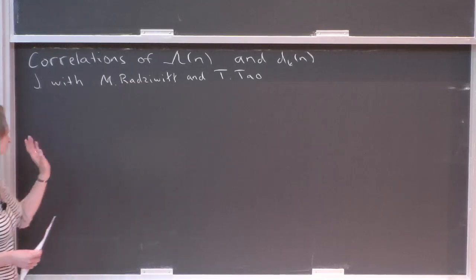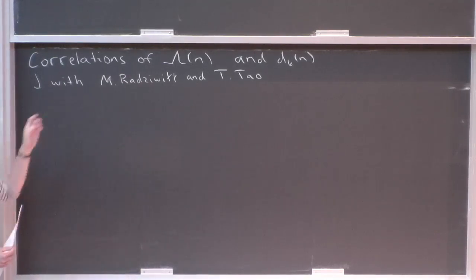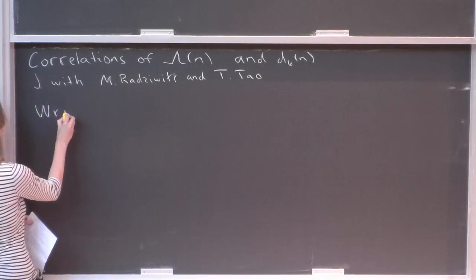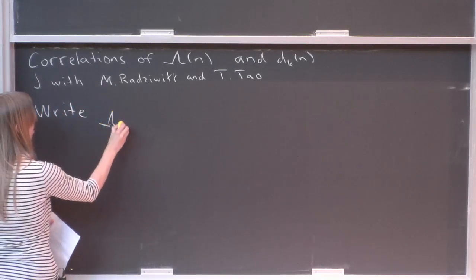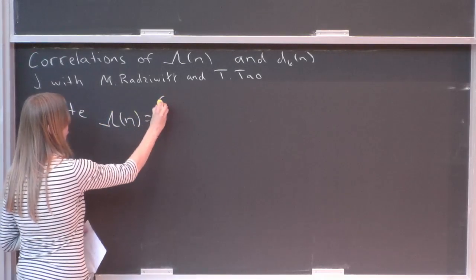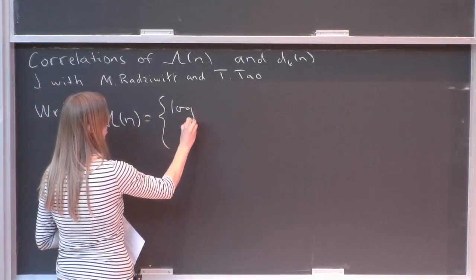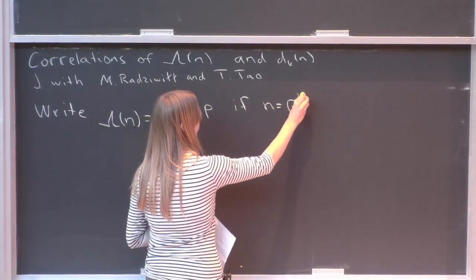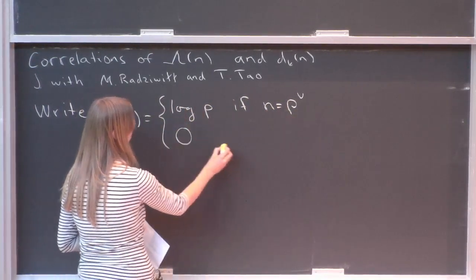Let me start just to make sure that everybody knows what we are talking about. I will define the von Mangoldt and divisor functions. We write Λ(n) to be log p if n is a power of a prime p, and 0 otherwise.